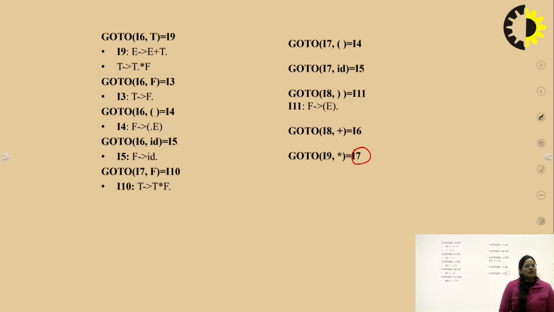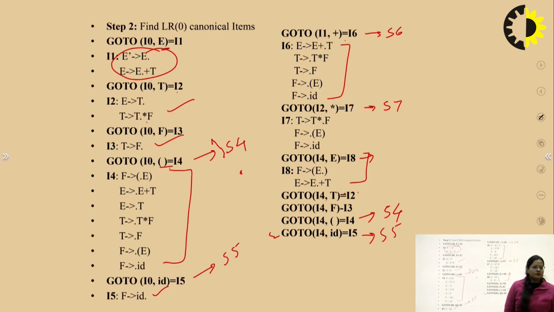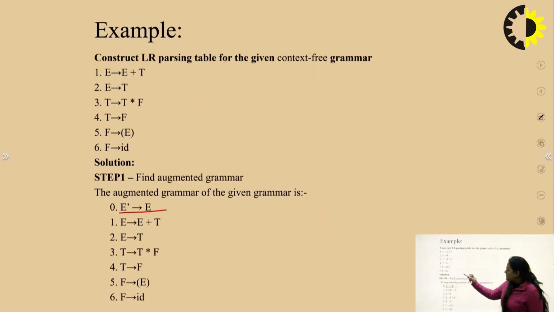Now the last one is the reduce entry. We find those productions in which the dot is at the very end. In I0 there is no such production. In I1, no. In I2, yes: E implies T dot.